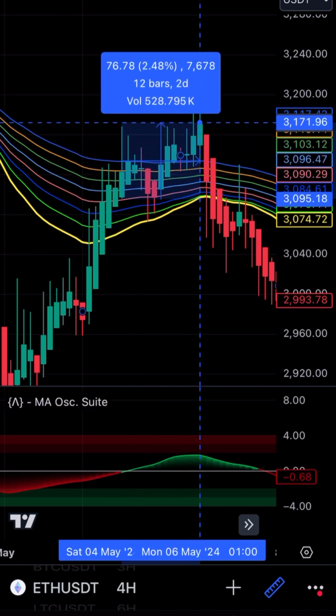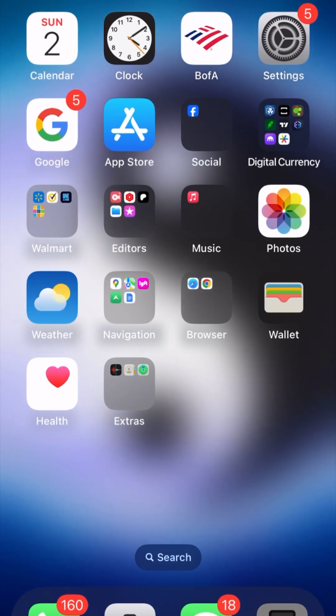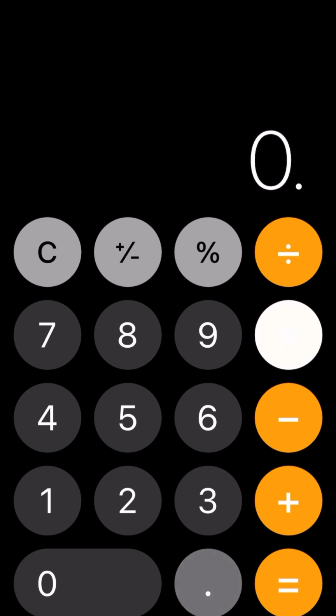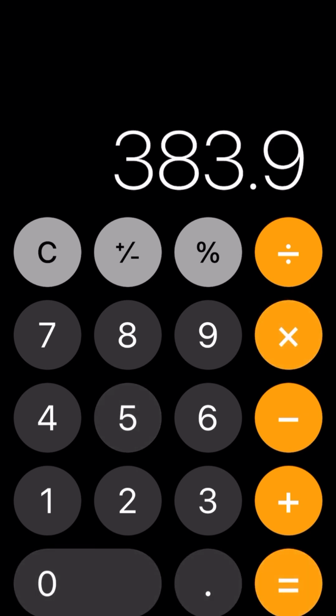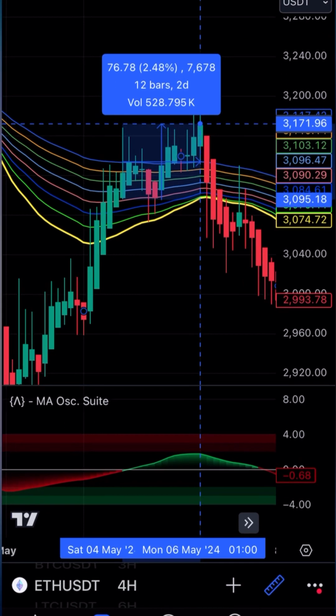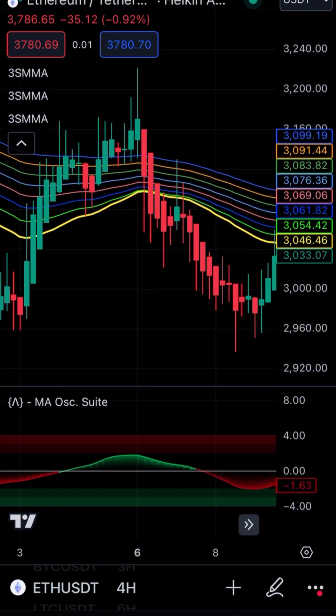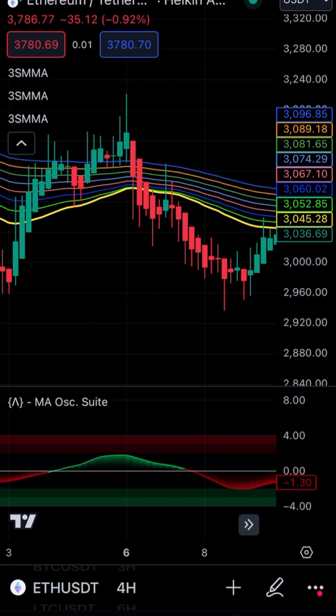And you wait it out till about here. 7678 times 0.05. It's $383. So with this strategy you could easily find $100 to $500 a day, a week, depends on what the signal is.